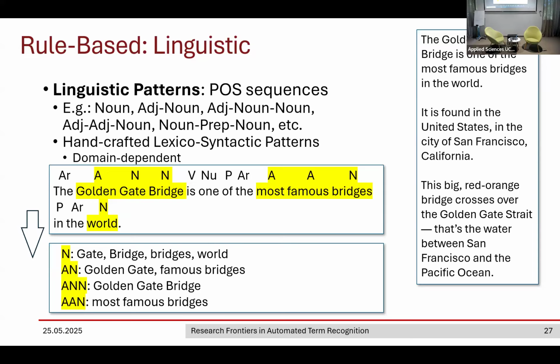And this is domain independent after we have received the tagging. So we extract these candidates, noun phrases, adjective noun phrases, adjective noun noun. Those are the candidates due to the selected lexicosyntactic patterns.